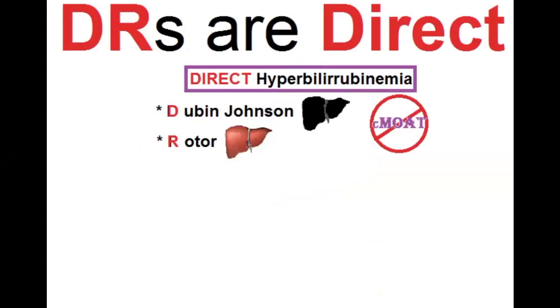Now, please take note of this. I got this from some USMLE forums. For direct hyperbilirubinemia, think direct, DR. The diseases with DR are direct.